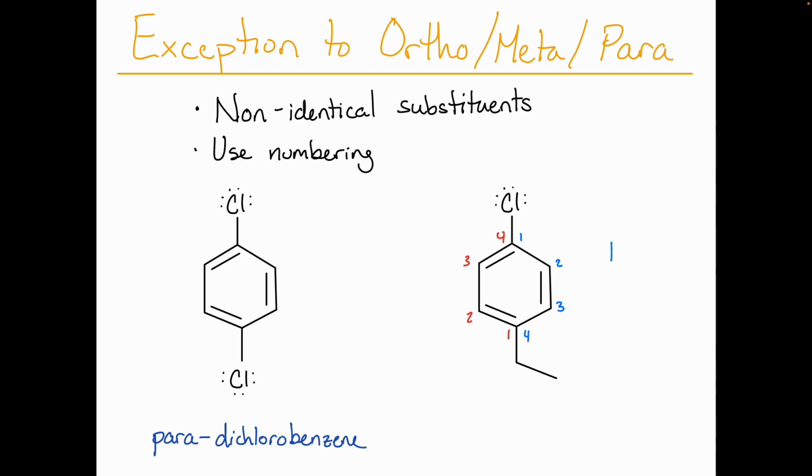In my blue numbering scheme, I'm 1 and 4. In my red numbering scheme, I'm 1 and 4. So I have a tie. How do we break our ties? Alphabetical order. All right. So in this case here, my ethyl group is going to come after my chloro group in alphabetical order. So we're going to pick that blue numbering scheme, red lost in that tie, right? Because again, when we have a tie, and only when we have a tie, do we go to alphabetical order.